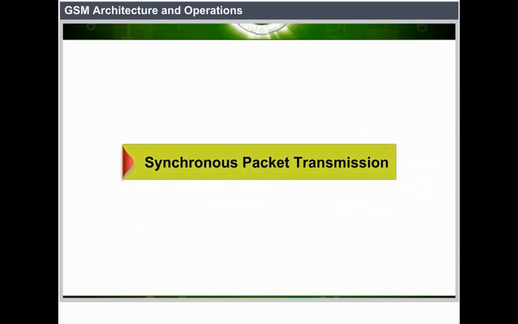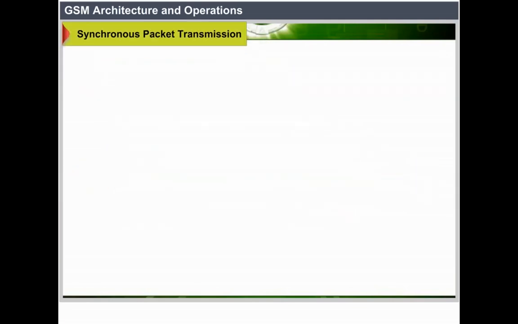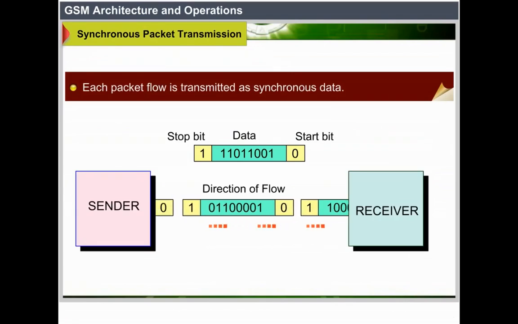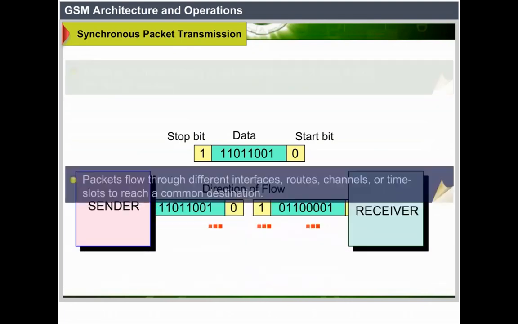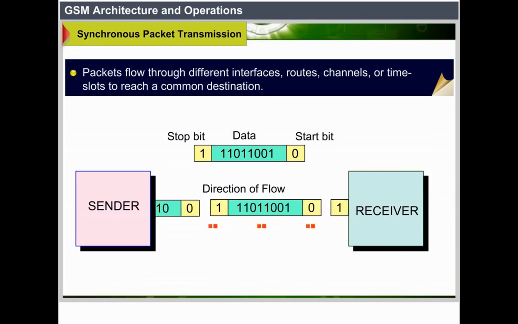Synchronous packet transmission. Each packet flow is transmitted as synchronous data. There is no handshaking or acknowledgement of data during the flow of packets. Packets flow through different interfaces, routes, channels, or time slots to reach a common destination.